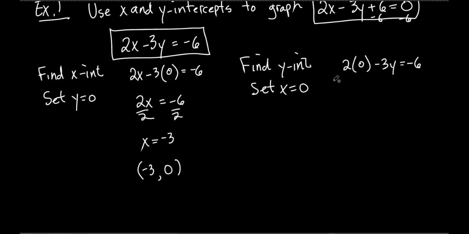So let's solve for y. Do that in your head, pretty easy, right? That's 0. Divide by negative 3. And what's y? Positive 2. But let's write it as an ordered pair, 0, 2. Good. So these are the 2 points that I'm going to graph. It's not my answer. Don't circle them.